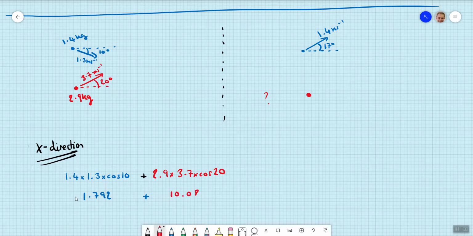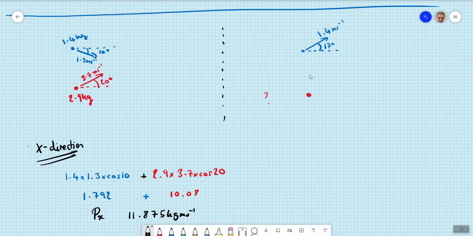We add them together and get 11.875 kilogram meters per second, which is our momentum in the x direction. And that must be the momentum in the x direction afterwards.